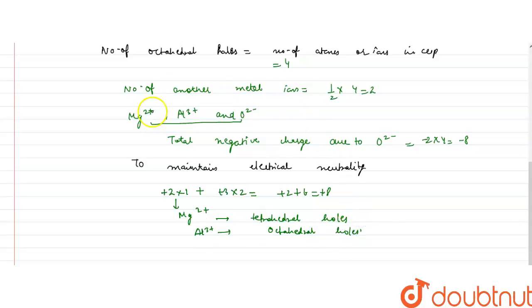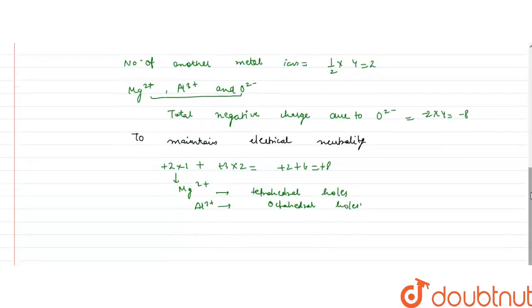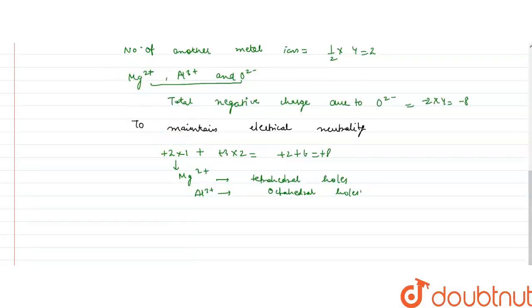Because if we consider the other way, to maintain electrical neutrality, if magnesium ions are 2, they would contribute plus 2 into 2, and the other metal is 1, so it will contribute plus 3 into 1, so the charge is plus 4 plus 3, that is plus 7. It means this charge is not balanced.